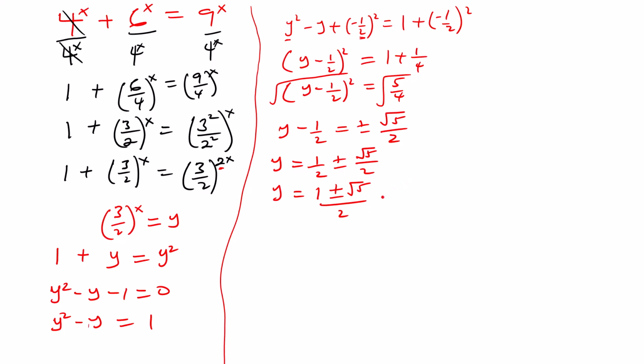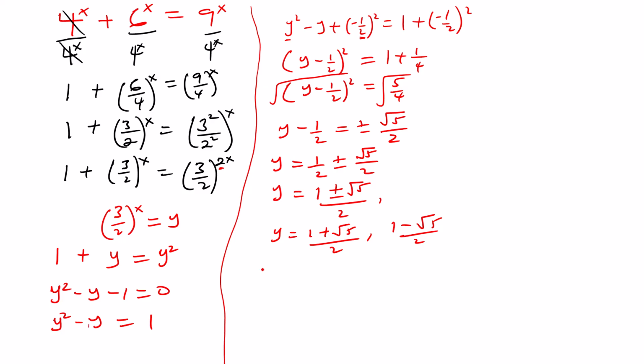It means we have two answers for y: y is 1 plus root 5 on 2, or 1 minus root 5 on 2. When you simplify, this one is negative, and this one is positive.